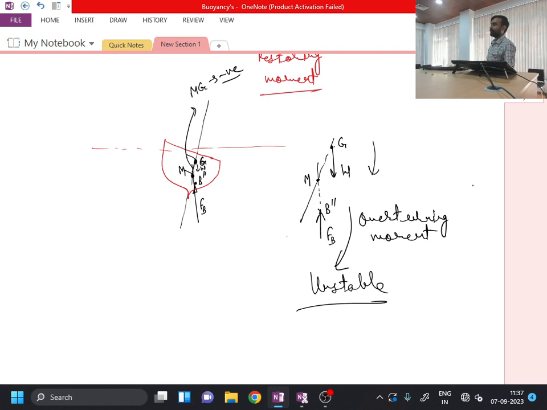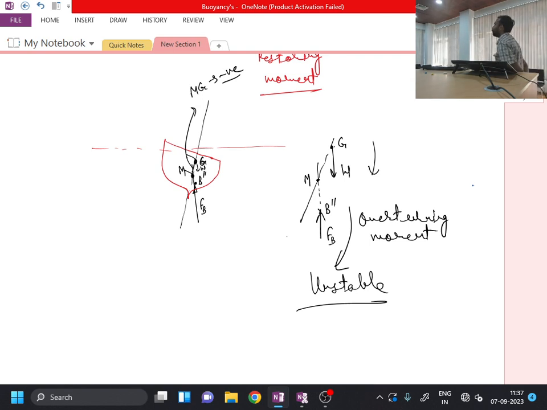It will increase the weight of the submarine, and the magnitude of the buoyancy force will remain the same, so it will try to sink. And once it has reached the desired depth, you pump the water out again to maintain the weight equal to the buoyancy force. Okay, so this is one important thing.